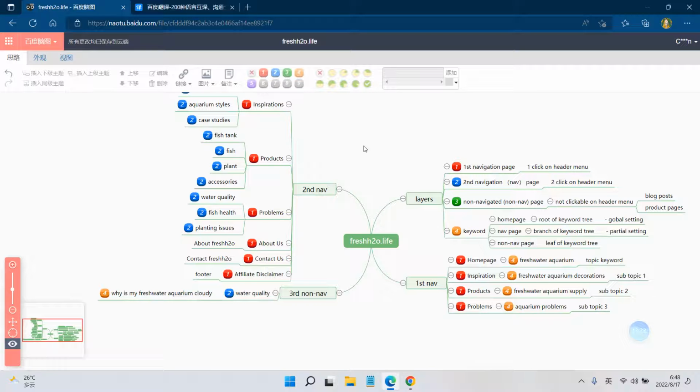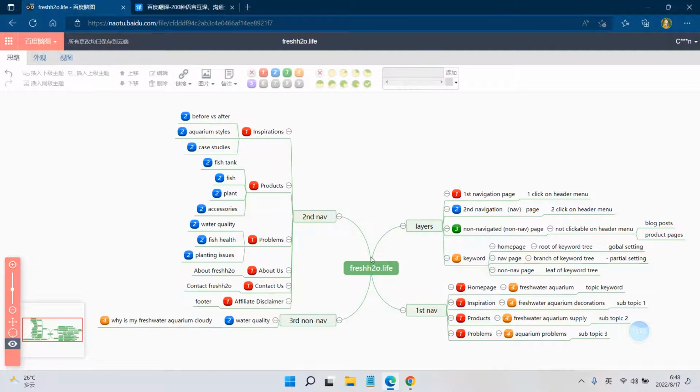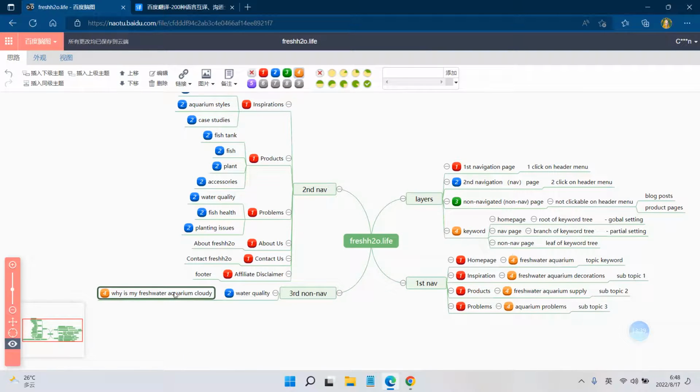There will be a lot in the keyword tree design. You have to think about the links, not only the keywords but also the links, and you link to the pages. I will also link to other pages, like how to deal with the cloudy issue. So there will be a link to the product pages, right?